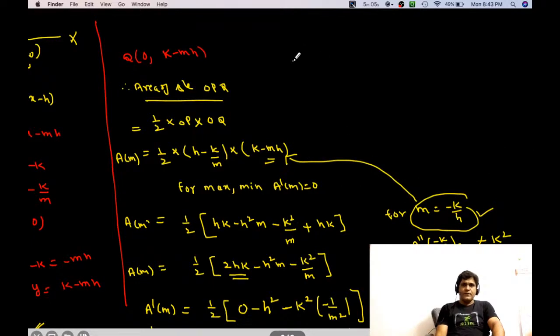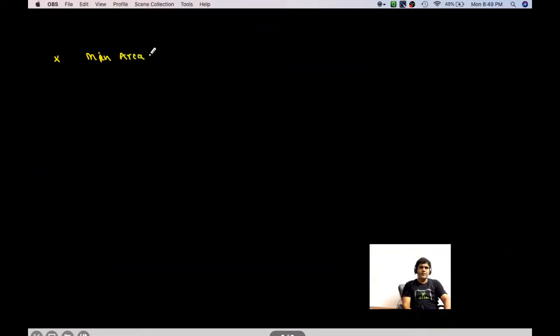Therefore the minimum area is equal to 1 by 2 times h minus k by m, where m is equal to minus k by h, into the bracket, and the minimum area is equal to 2hk. This is the answer.